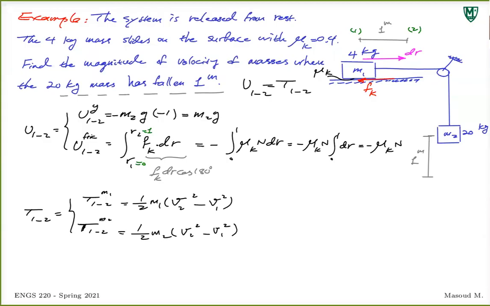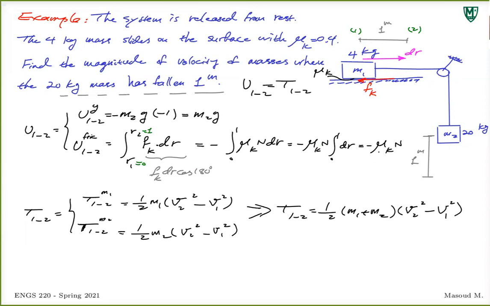All right, and I use v1 and v2 because these two masses are attached to each other, so they have the same velocity. So you can actually write this one like this. T from 1 to 2 is nothing but 1 over 2 (m1 plus m2) times (v2 squared minus v1 squared).